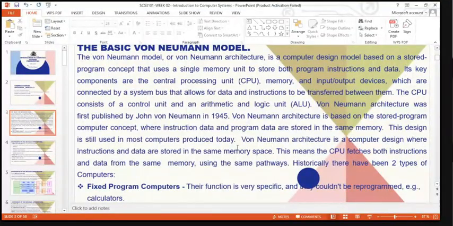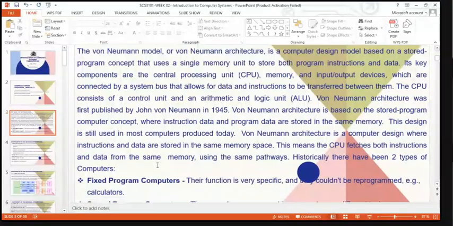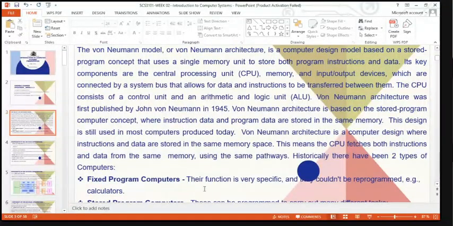When we talk about the components, the memory, or the program instructions, they are divided into two types. We have the fixed programs, where the function is specific. They can't be reprogrammed, which means they have limited capability.